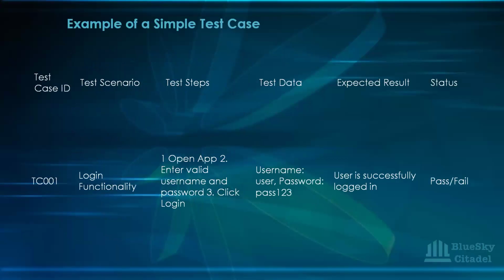An example of what we just showcased in the previous slide is exactly what's on the screen right now. As you can see, we have the test ID, which is your TC001. Then you have a test scenario, which is saying I'm doing the login functionality. Then you have the test steps. It's telling you, when you open the app, you enter a valid username and password, then you click login, etc. Then the test data, username and password, then expected result.